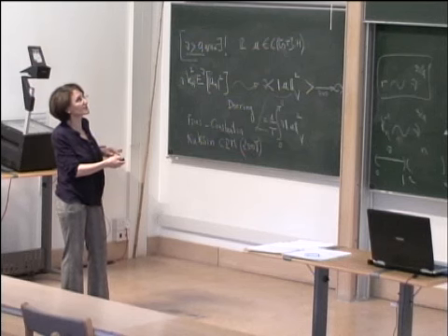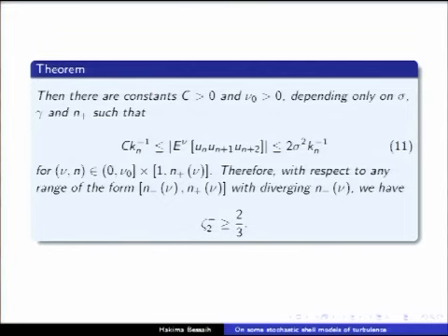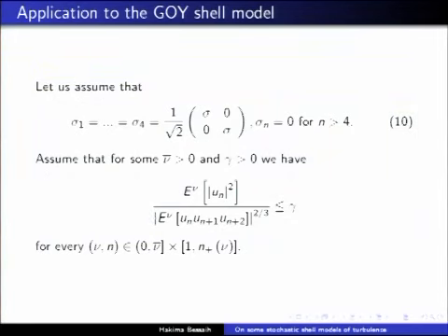There exists a constant c depending on sigma, gamma, and so on, such that this expected value is between these two quantities, and if I prove this, as a consequence, automatically I will have that this is true, because you can plug in everything here.